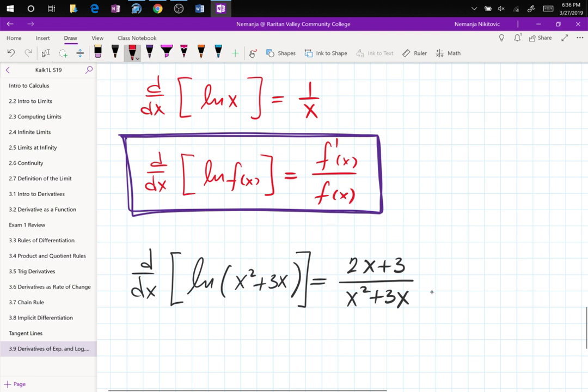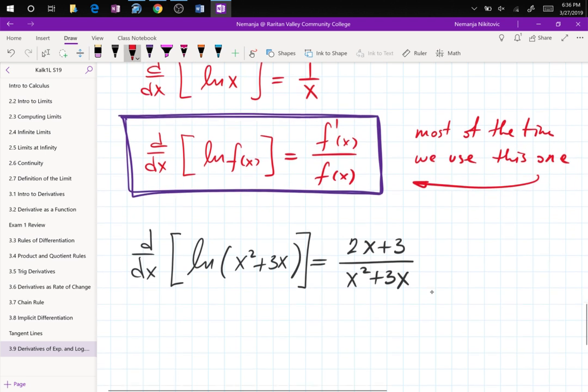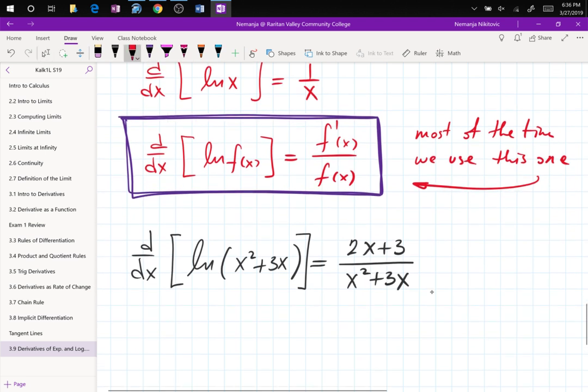So here is the red writing. Most of the time we use this one because we have to end with a Boss equation. The Boss equation is log of any base. Remember that ln is just base e, right?